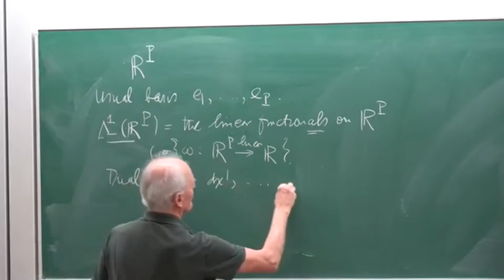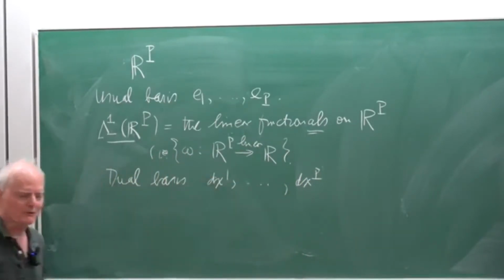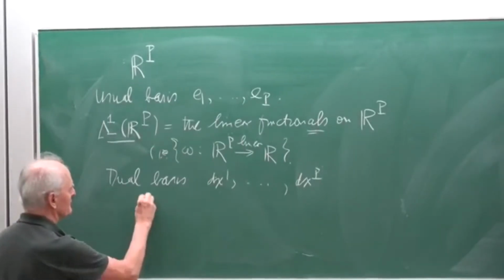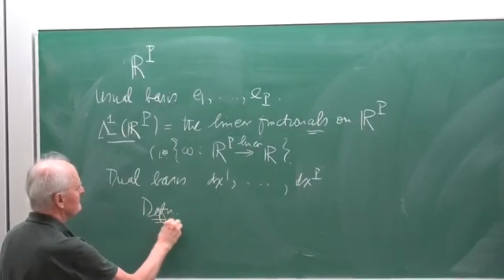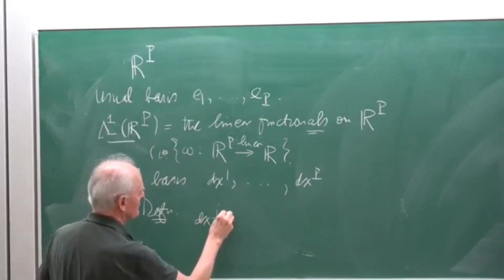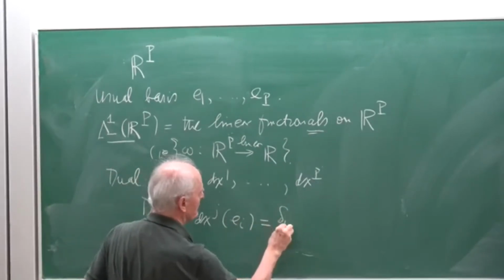So the dual basis, that is the basis for this space, which is dual to these, is dx1 up to dxp. It looks like they're variables, but of course they're not. They're just linear functionals on Rp, and the definition is that they're in this space, and dxj of ei should be the Kronecker delta ij.